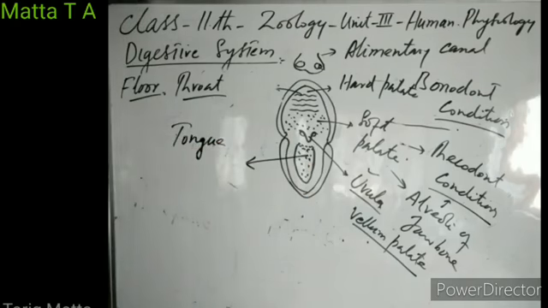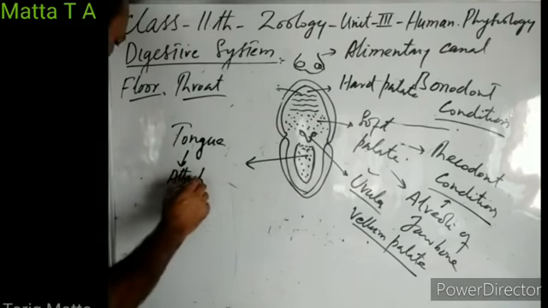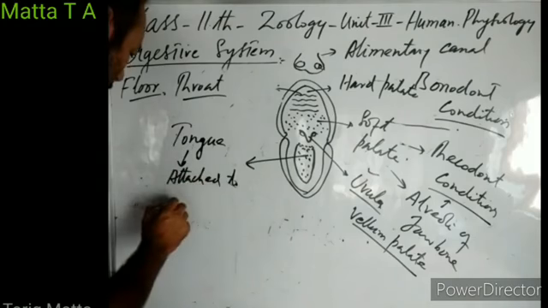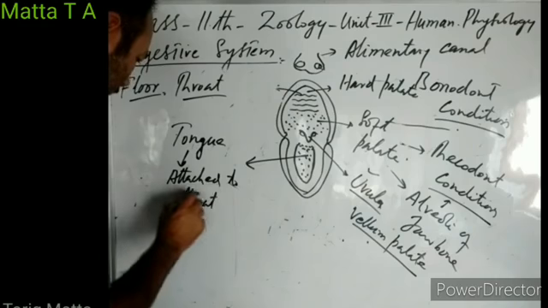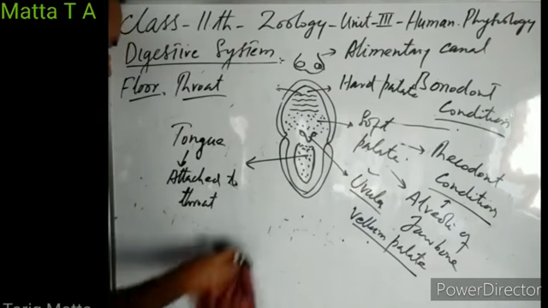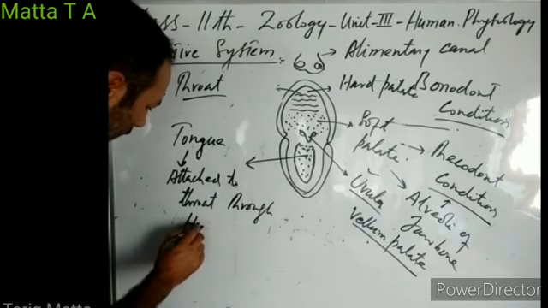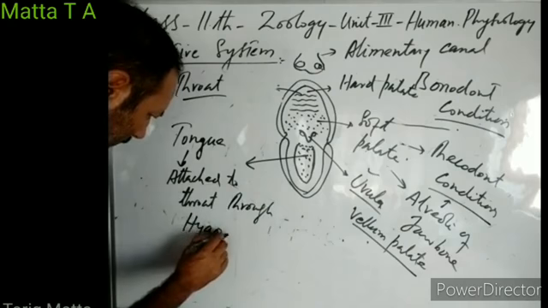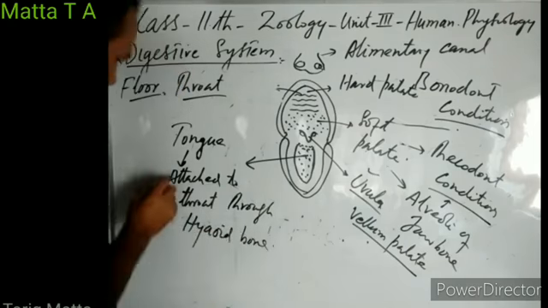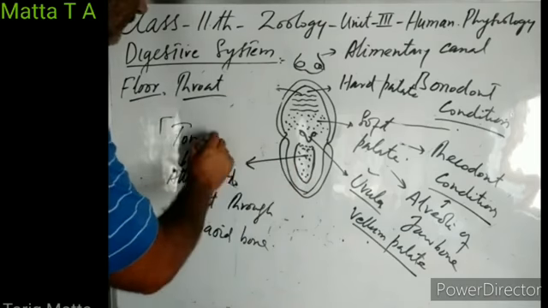This muscular tongue is attached to the throat through the hyoid bone. So at the floor of the oral cavity, we have got a muscular tongue.